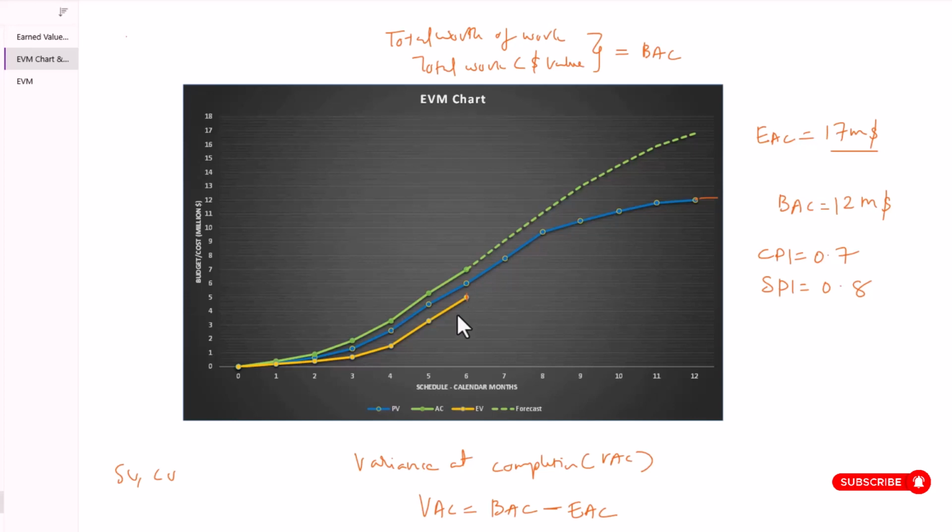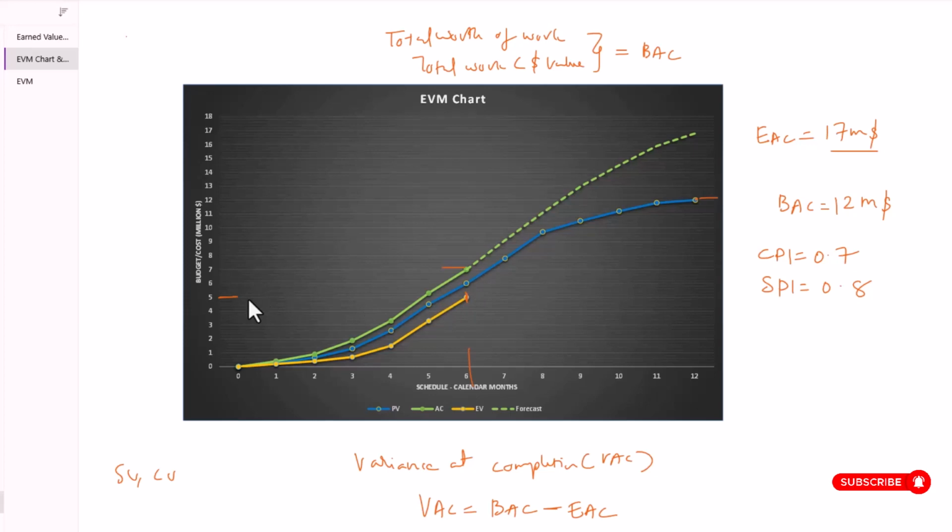Earned value is the worth of work we have accomplished so far in the project. So we are done with 6 months of time, and you have earned $5 million worth of work, right? Of course, you have spent $7 million, but how much worth of work have we accomplished? According to the plan, to complete, let's say, 30 work packages, you have spent $7 million, but according to the plan, we were supposed to spend only $5 million.